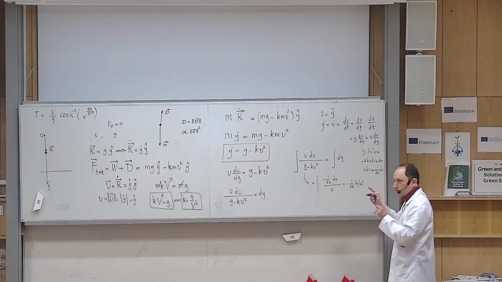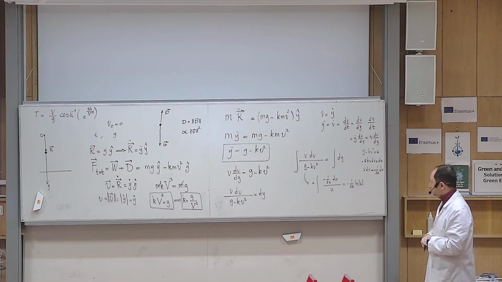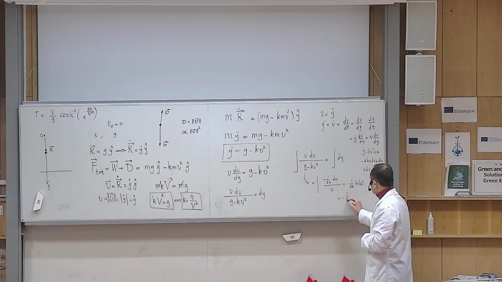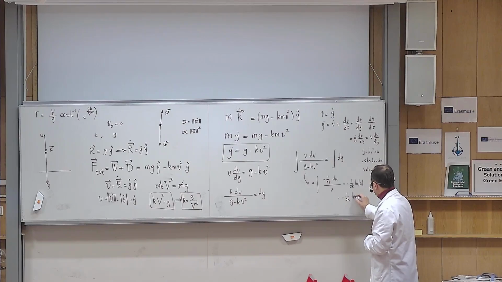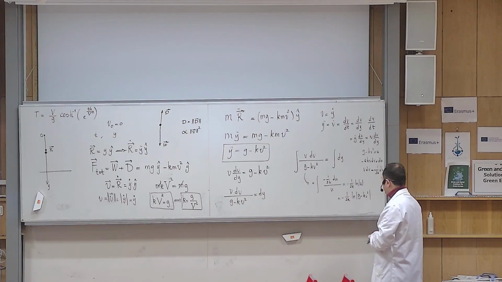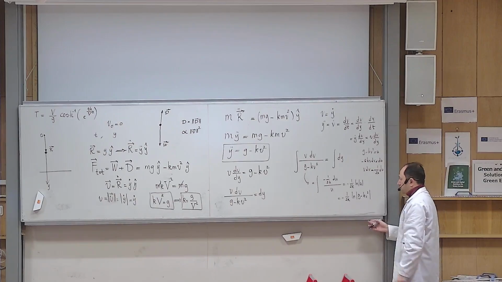And this absolute value is in principle essential to consider. And then I replace u with that expression, so this becomes minus 1 over 2k ln of absolute value of g minus kv squared. Okay, but is this expression positive or negative?